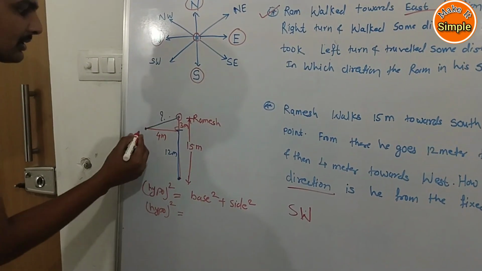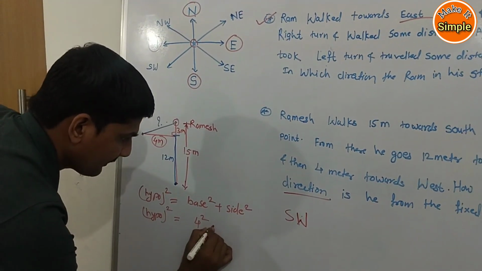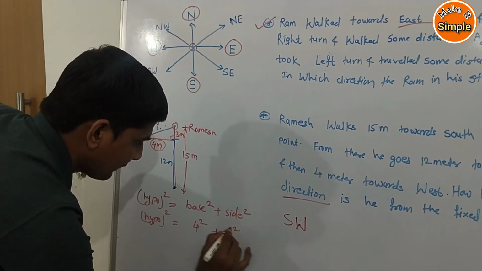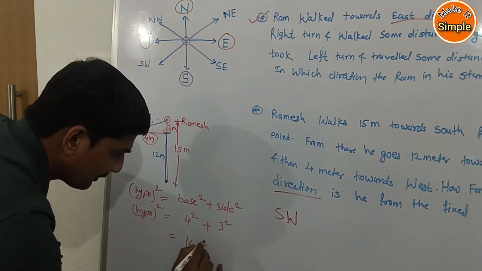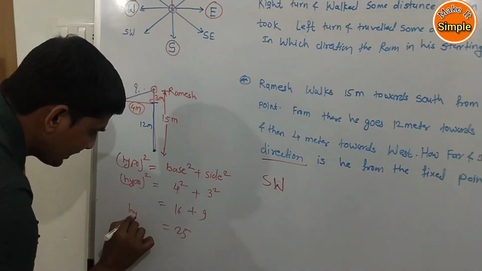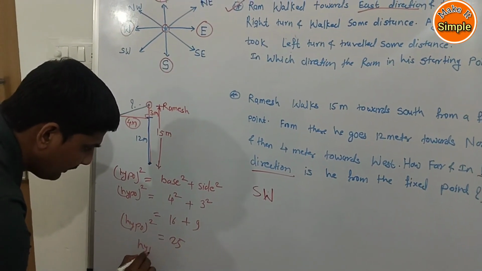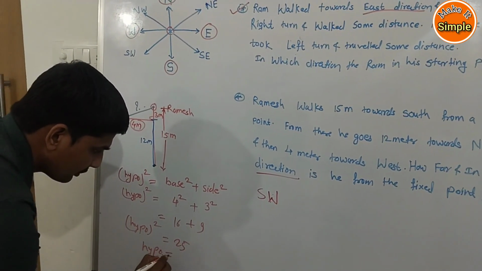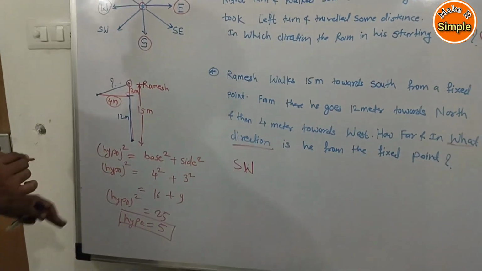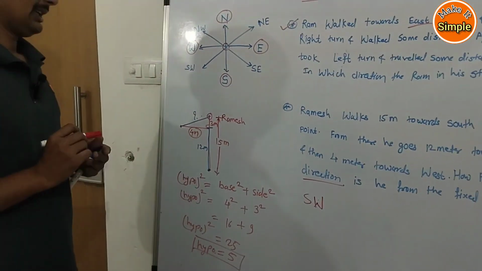So hypotenuse square equals base 4 squared plus height 3 squared. 4 squared is 16 plus 3 squared is 9, so this is 25, which is hypotenuse square. Taking the square root on both sides, the hypotenuse is equal to 5. So this is the distance at which Ramesh is from his initial position.